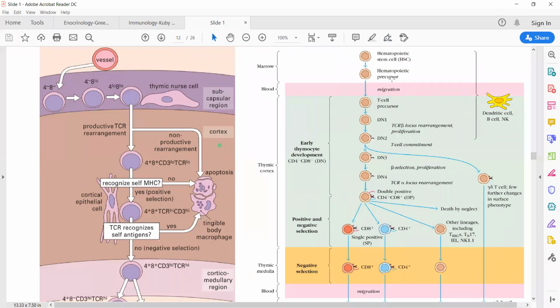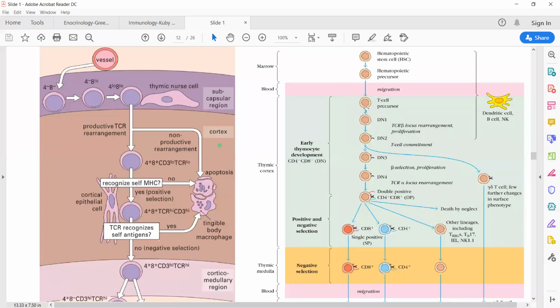So these are the hematopoietic stem cells, which come through the blood and migrate through the high endothelial venules into the cortical medullary junction. From there, the precursor cells migrate into the subcapsular region where they are still CD44 positive, as I said.